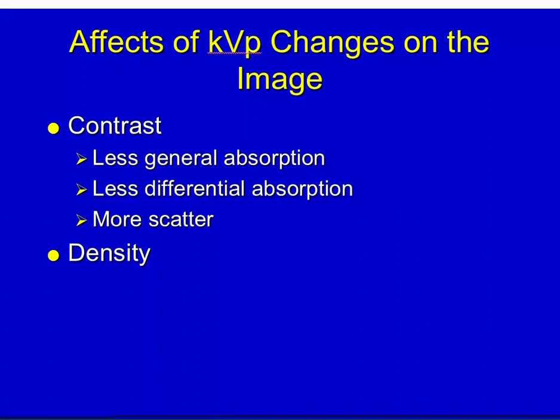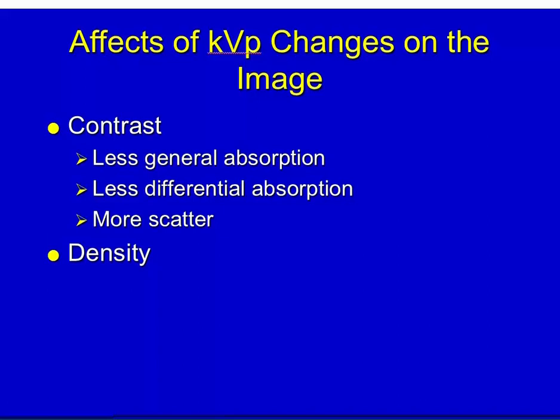In context of this slide, it's asking about an increase in kVp. So if you decrease kVp, the exact opposite would apply. If you decrease kVp, your contrast goes up. You get more differential absorption, you get less scatter radiation, and the result is an increase in contrast.